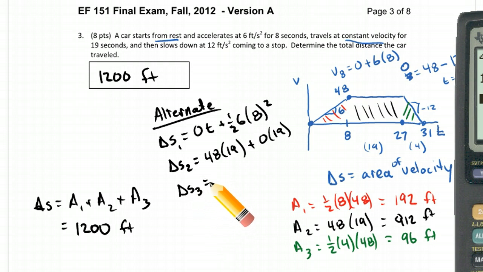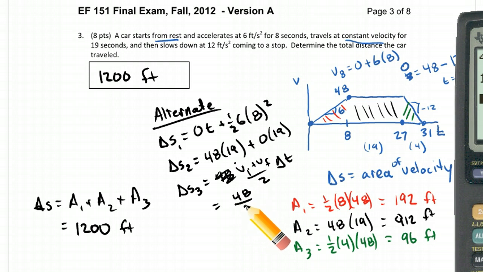And then delta S3 would have been my initial velocity. If I didn't calculate my acceleration, there's another equation that's the average velocity, and so I could use that as 48 over 2.